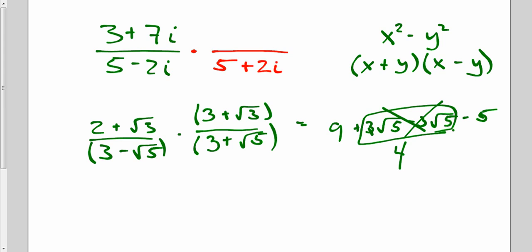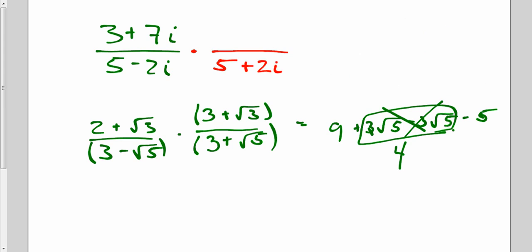Okay? What do I get in the denominator now? Somebody other than Jed. What do I get? Actually, go ahead and FOIL that out. Give me a couple minutes to FOIL that out.